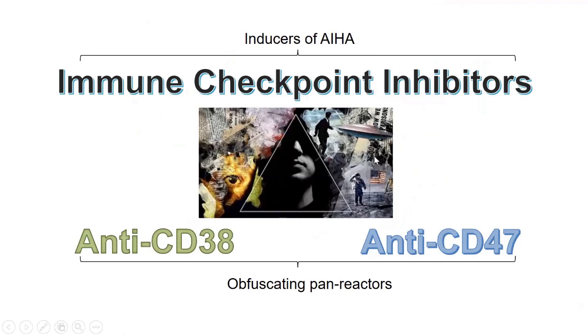Mimics of immune hemolysis can include those obfuscating pan-reactors, the therapeutic anti-CD38s, which thankfully probably decrease the risk of allo and autoantibodies forming, and may even treat them in retrospect, versus anti-CD47, which ramps up phagocytic activity. So this one is a little more problematic.